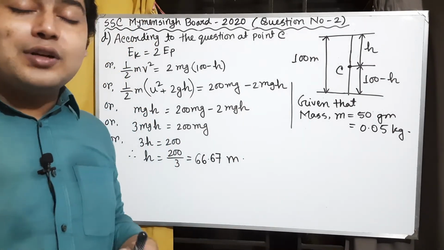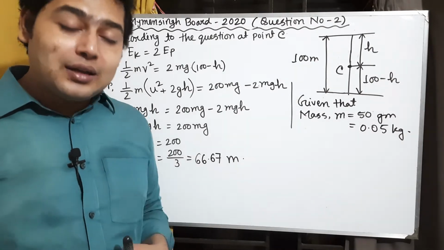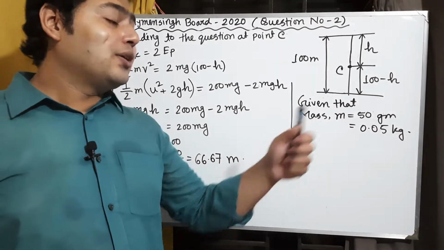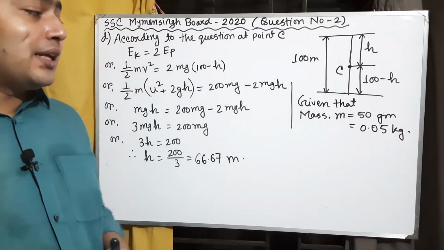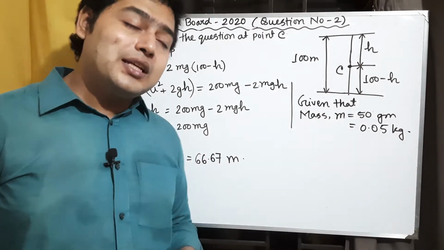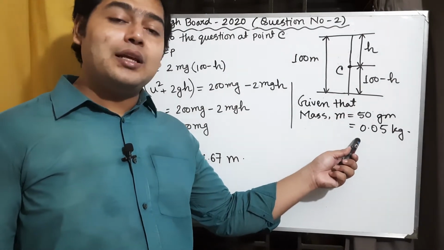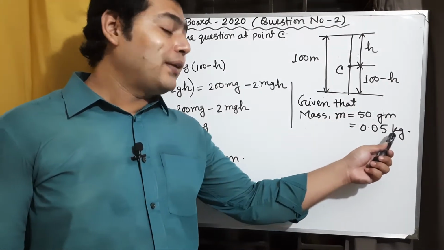We need to convert it to kg because the SI unit of mass is kg. Dividing by 1000, we can convert it to kg: 50 by 1000 equals 0.05 kg.